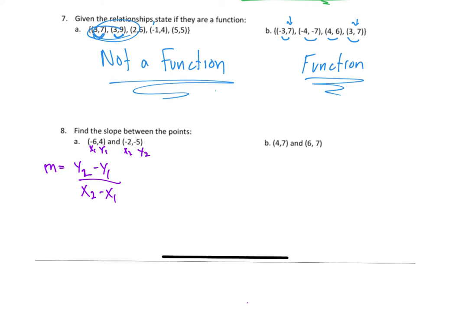So here, our slope equals y2 minus y1, so -5 minus 4, over x2, which is -2, minus -6. Minus a negative is a plus. So we have here -9 over 4. And that cannot be reduced. If it can, reduce it. But in this case it can't, so we are done.